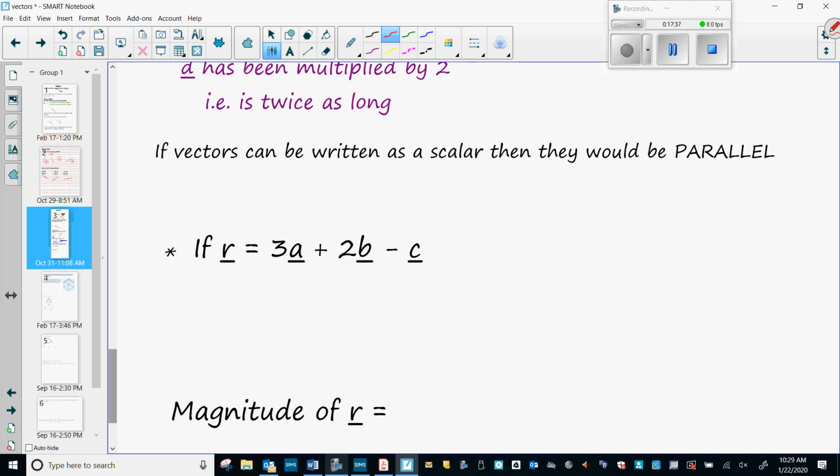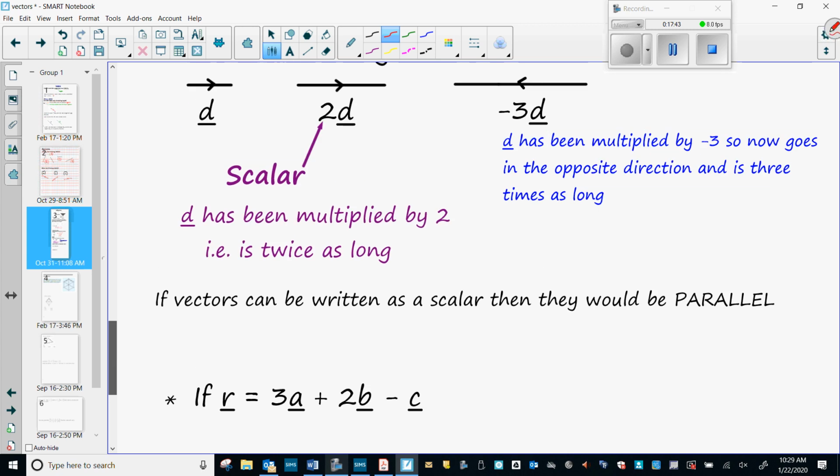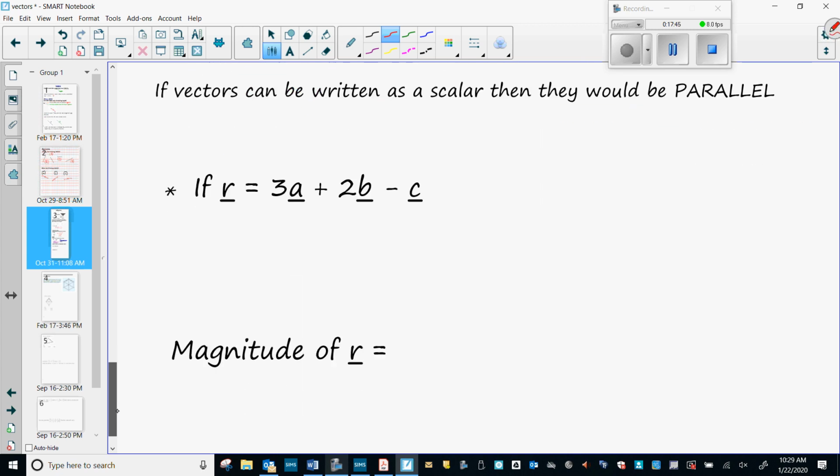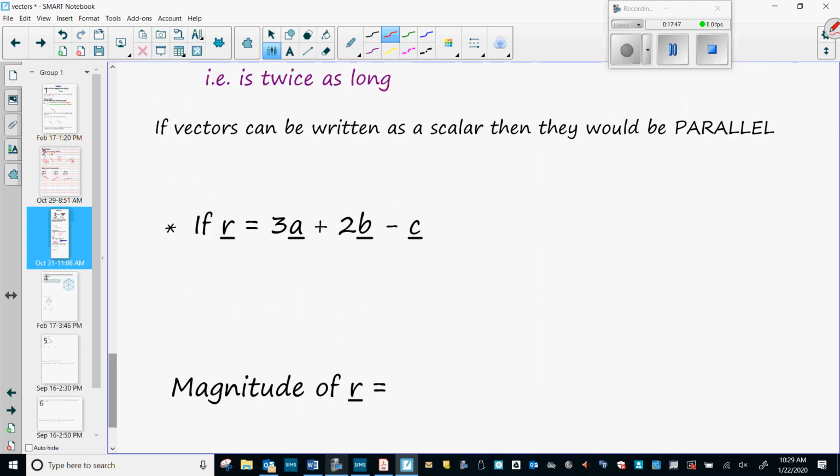R is equal to 3A plus 2B minus C. Sometimes vectors can have more than 2 things.